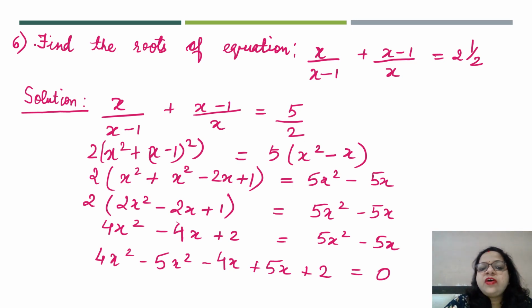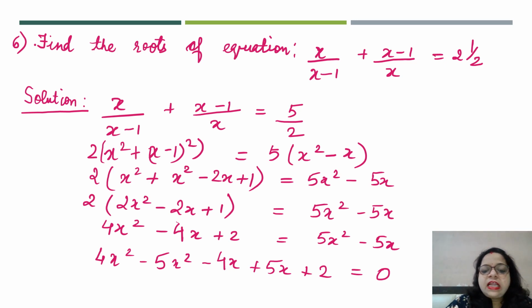Okay, now 2 into x square plus, we open the bracket. What is the formula for a minus b the whole square, children? A minus b the whole square is equal to a square minus 2ab plus b square. So x square plus x square minus 2x plus 1 is equal to 5x square minus 5x. Now we will multiply 2 into 2x square minus 2x plus 1 is equal to 5x square minus 5x.